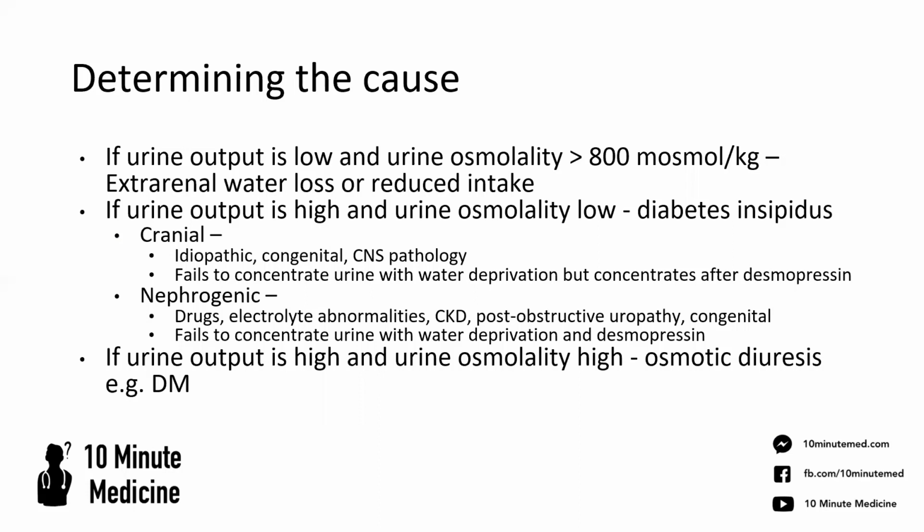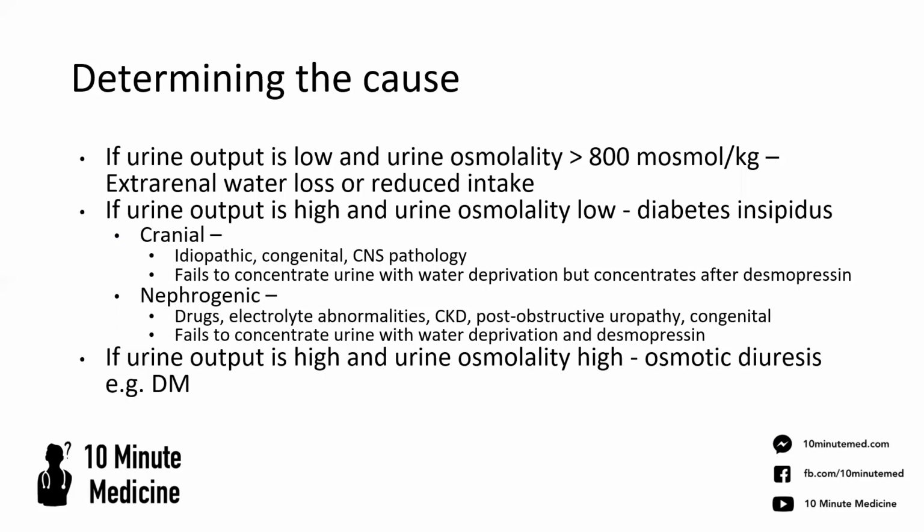If urine output is high, but urine osmolality is low, then diabetes insipidus is likely. Cranial causes can be idiopathic, congenital, or due to an underlying CNS pathology. Cranial diabetes insipidus is diagnosed by failure to concentrate urine with water deprivation, but the urine does concentrate after administering desmopressin.